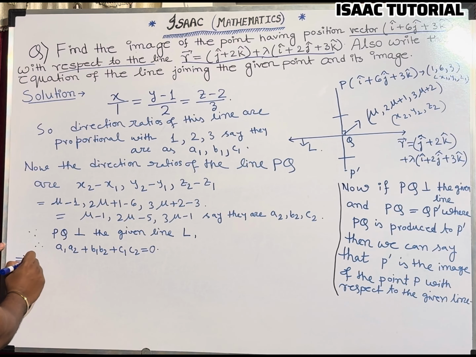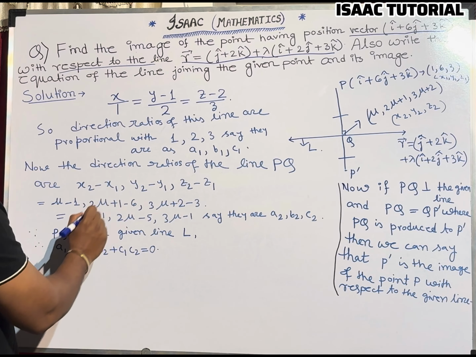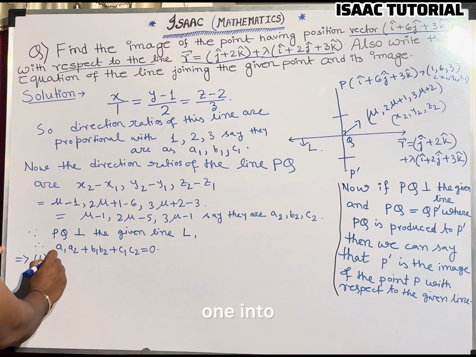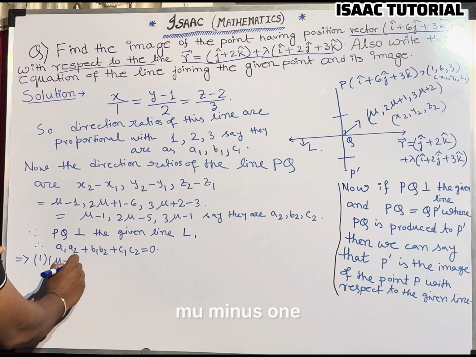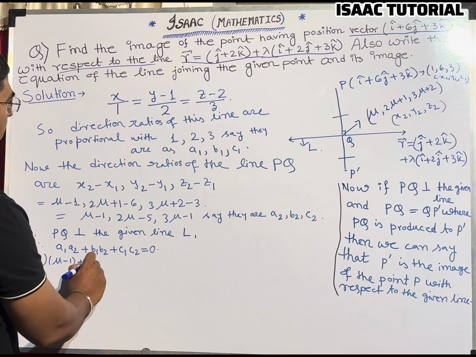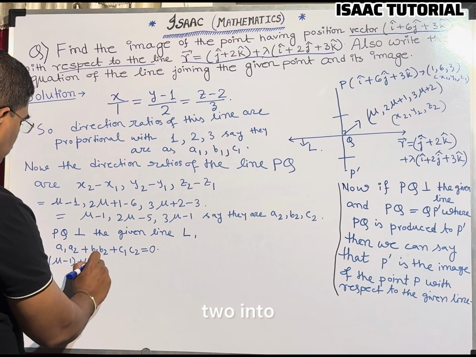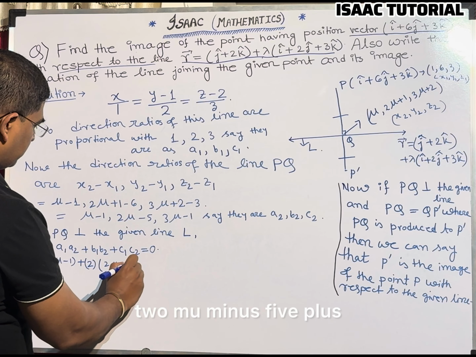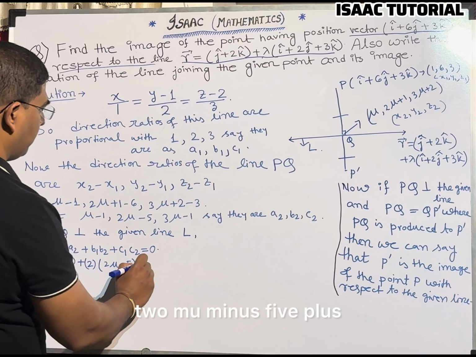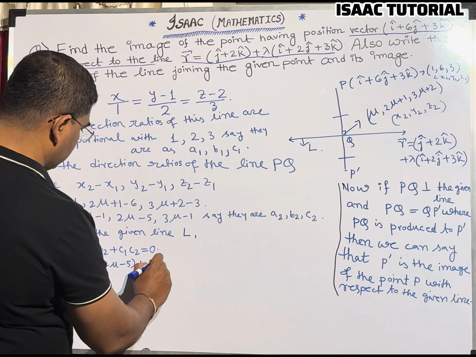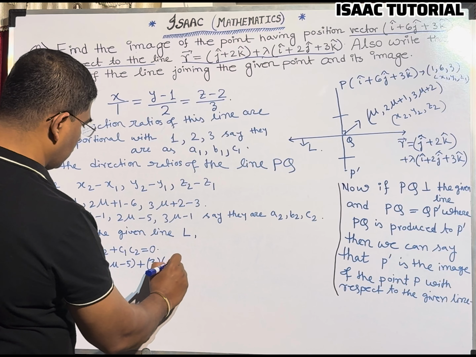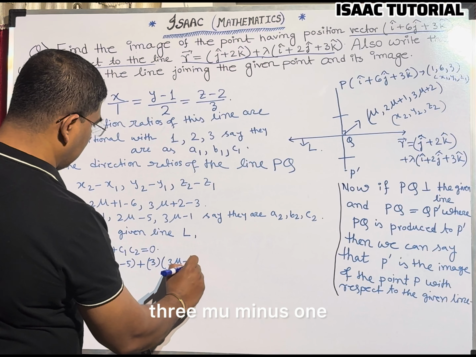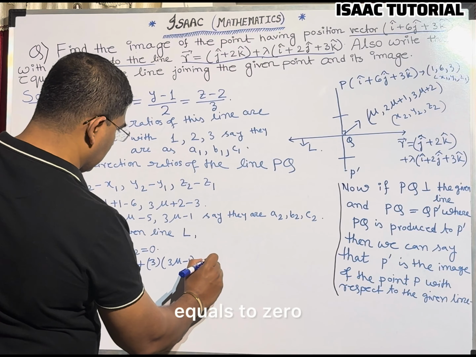This implies 1 into mu minus 1 plus 2 into 2 mu minus 5 plus 3 into 3 mu minus 1 equals 0.